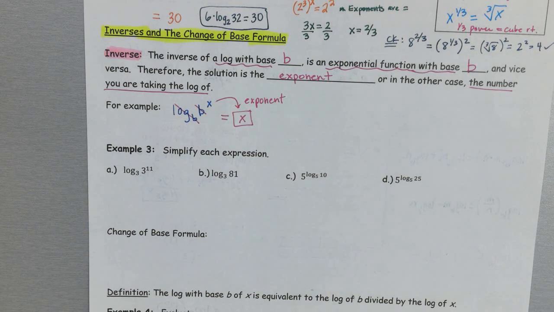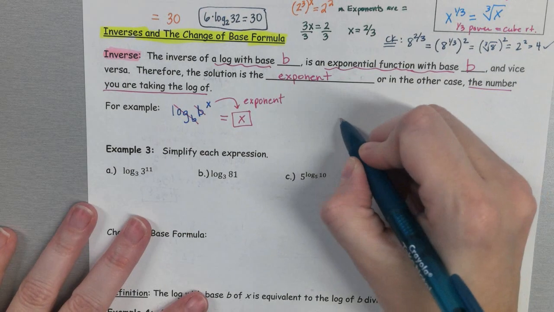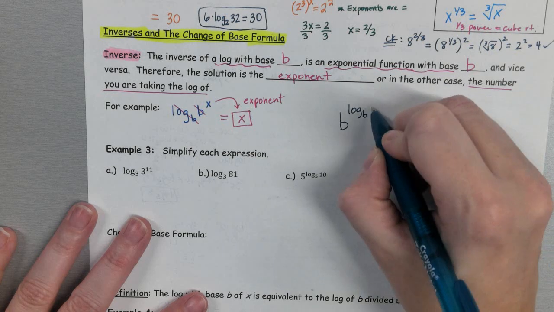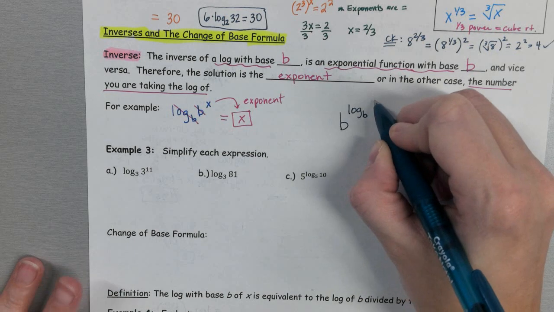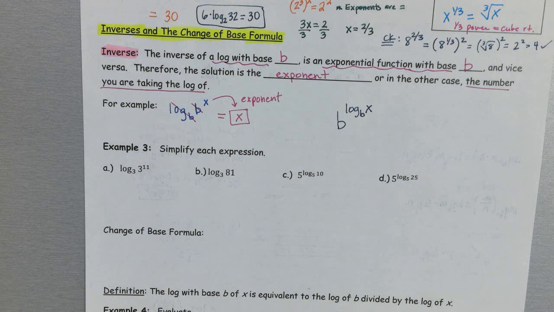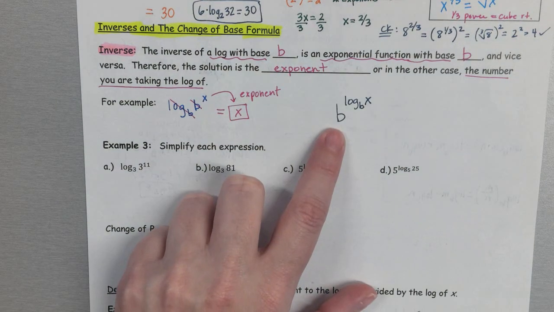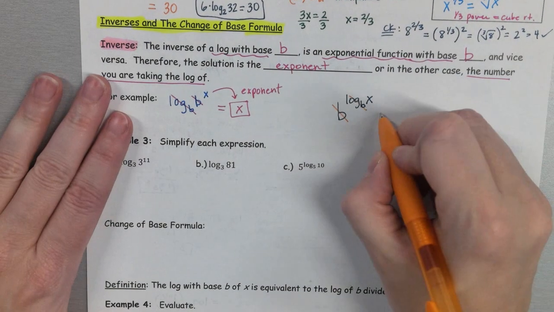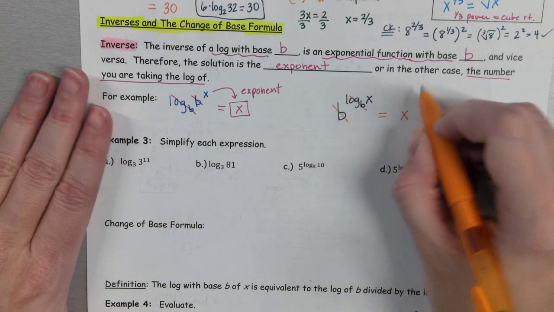Now, it also works the other way, because remember, multiplication undoes division, but division also undoes multiplication. So when you have b to the power of log base b of x, same thing happens where these undo each other. b and log base b cancel, and you would be left with x.